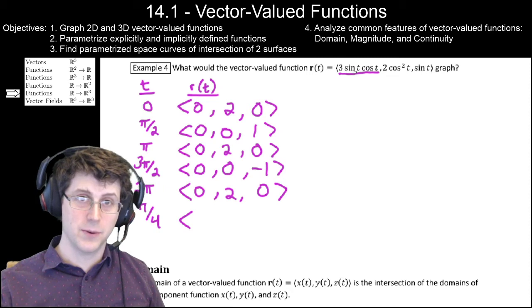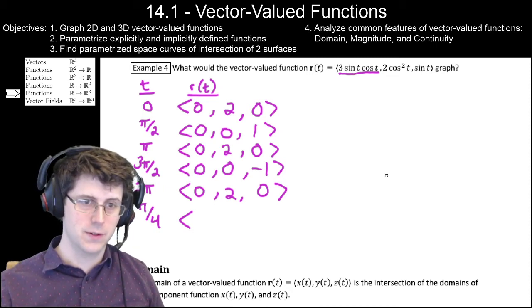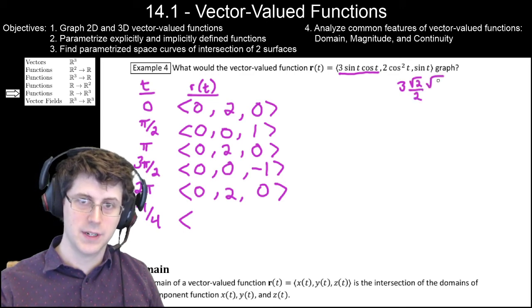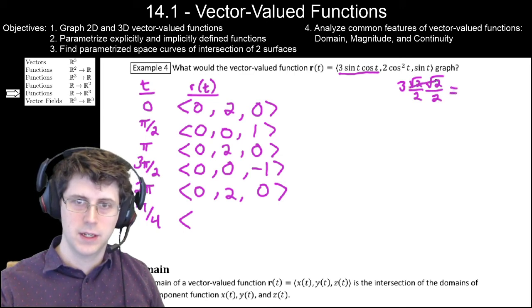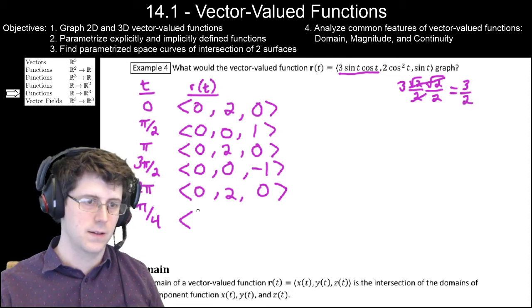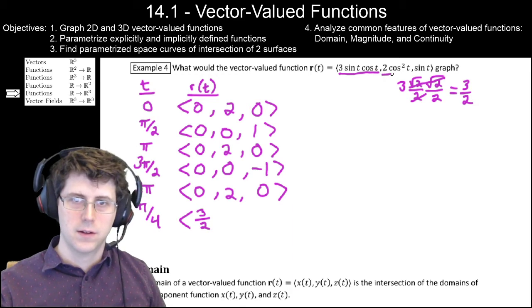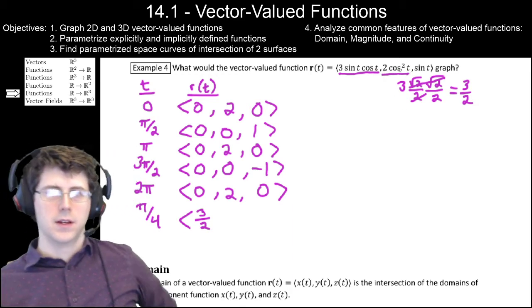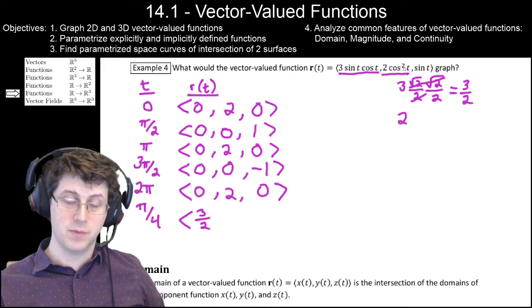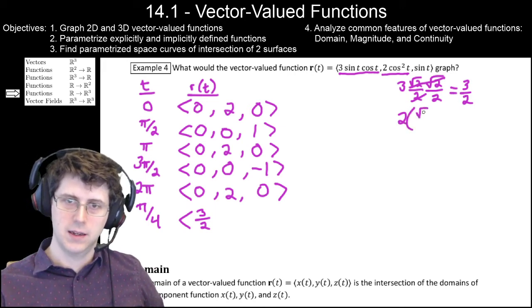Sine of pi over 4 is root 2 over 2. Cosine of pi over 4 is also root 2 over 2. Here's 2, so I end up with 3 halves. Here for the y-coordinate, I have 2 times cosine squared of pi over 4.